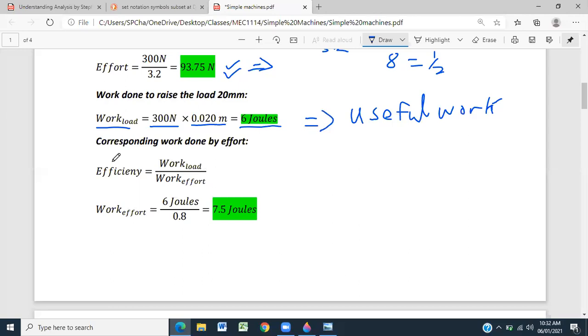We know the efficiency is 0.8 per unit. Solving for effort, we divide this 6 joules by 0.8, and that gives us 7.5 joules. Simple, use the formula, plug it in. The same algebra we did here, right? Carry over, carry back over.